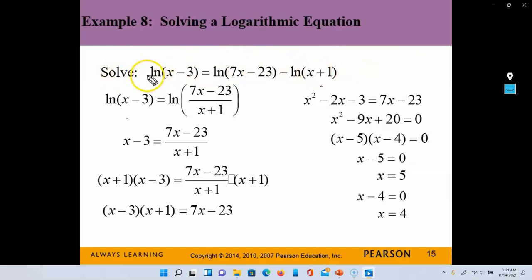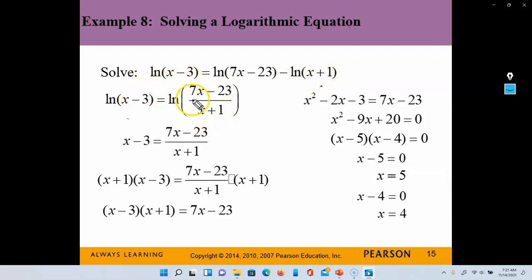So there's a log equals a log, and this is the expanded form. So the first thing, we want to write the right side in its condensed form, and since it's negative, this part is division. We're going to make this the denominator.